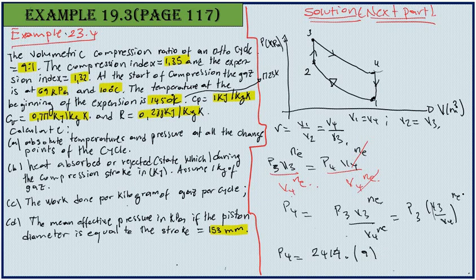So here we need to use the expansion index, which is 1.32. So now if we work this out, we are going to determine the pressure at 4.